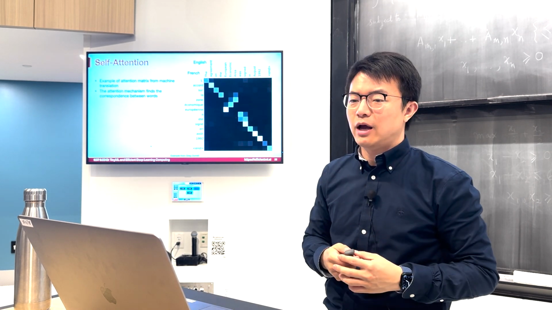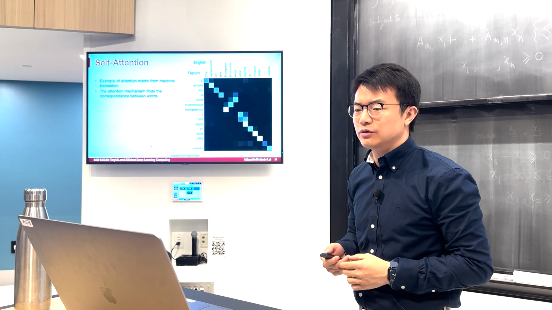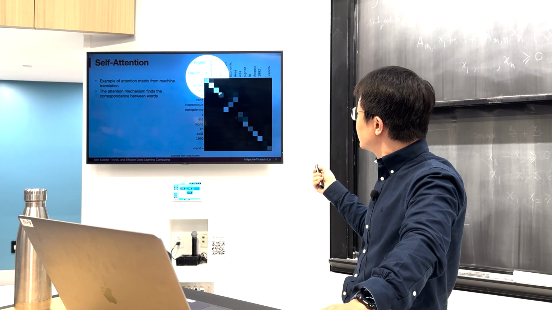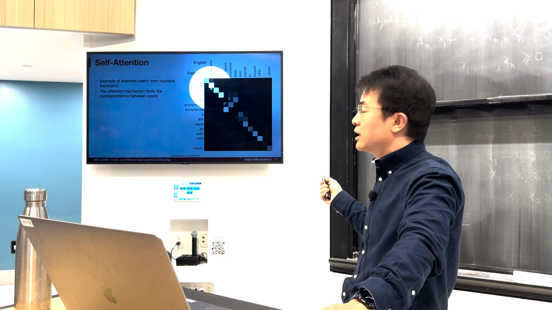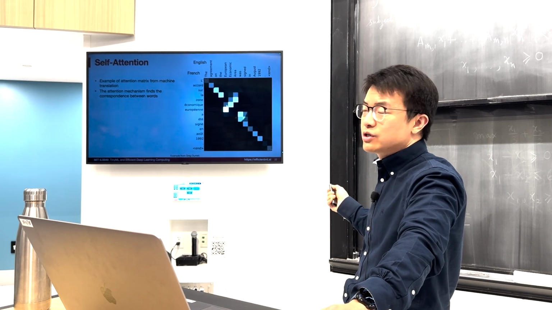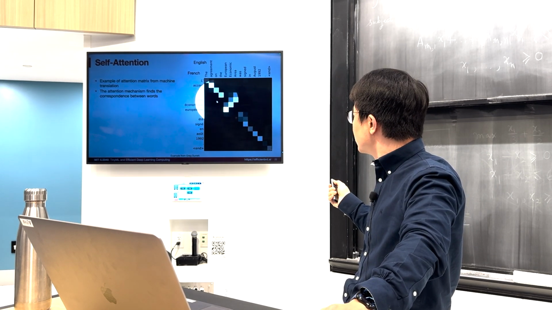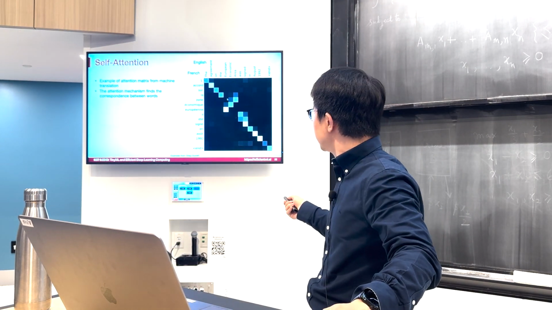This is an example of an attention matrix for machine translation. This is English, and this is the French. Most of the words are attending to exactly the same words, but some of them have the reverse order. These words in English actually correspond to a later word in French.